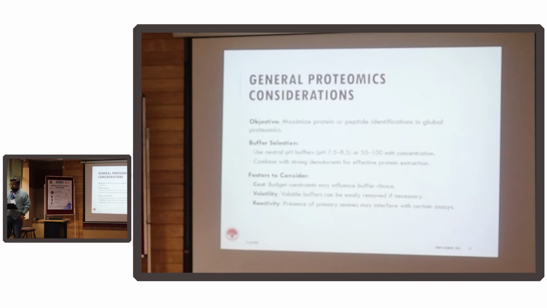Reactivity. Primary amines that are present in many of the buffers might react with your amino acid groups. And since we will be identifying proteins based on amino acid composition, that's what a mass spec does. Mass spec will weigh your amino acid and tell you, since it is this much weight, this is the charge, this is the mass.